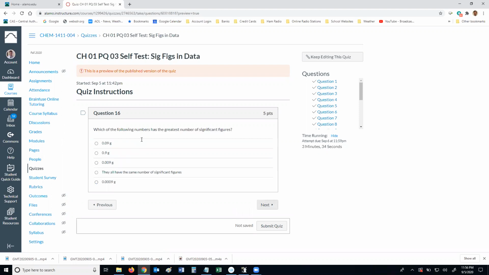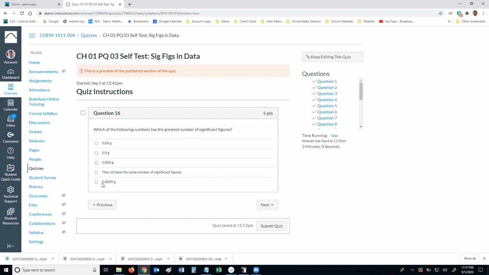Okay, number 16. Which of the following has the greatest number of significant figures? 0.09 grams. That has only 1. Because the zeros there are zeros at the beginning of a number. Only the 9 is significant. Okay, 0.9, that also has 1. 0.009 has 1, because all of these beginning zeros at the beginning of a number are not significant.